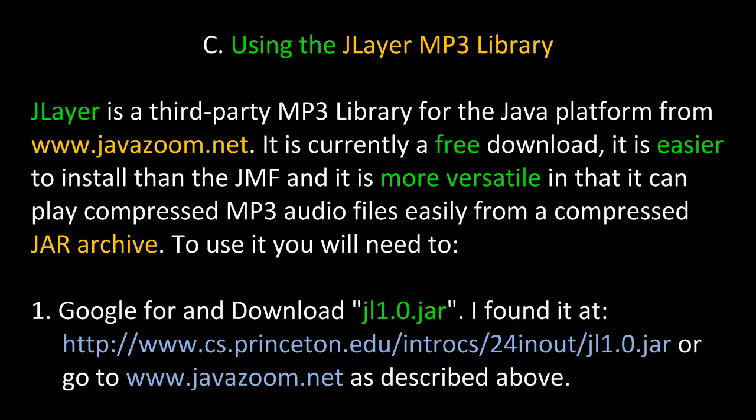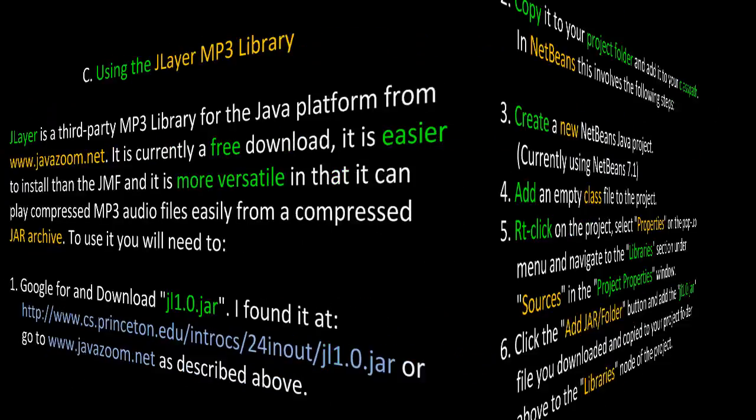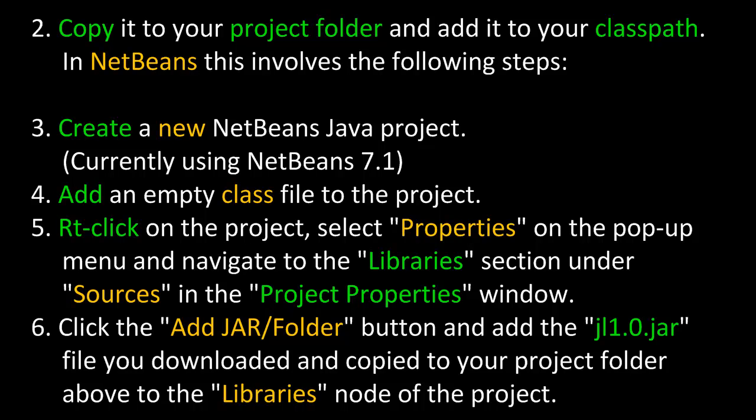To use it, you will need to, first, Google for and download jl1.0.jar. I found it at this location, or you can go to www.javazoom.net as described above. Next, copy it to your project folder and add it to your class path. In NetBeans, this involves the following steps. Create a new NetBeans Java project.